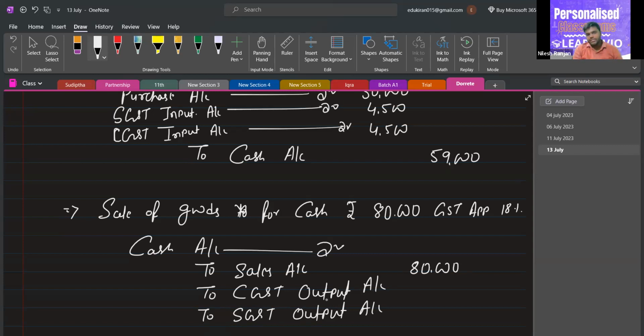So 9% CGST, 9% SGST. So 7,200 and 7,200. So the total will be 94,200. Okay.